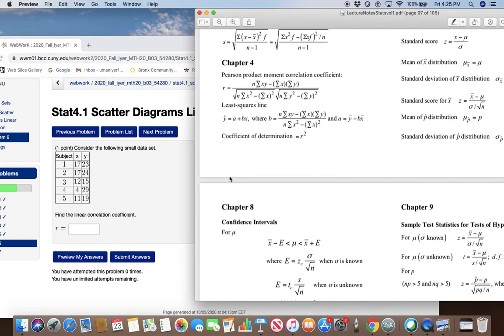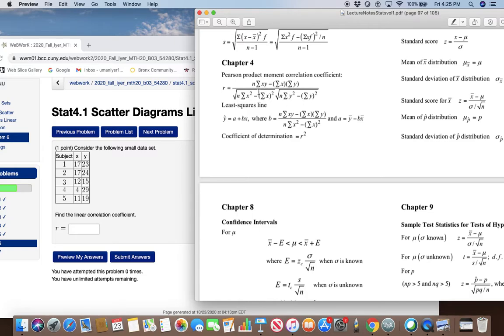So I'm looking for R, that's here, chapter 4. The formula for R consists of n summation xy minus summation x summation y, over the square root of n summation x squared minus the square of summation x, times the square root of n summation y squared minus the square of summation y.